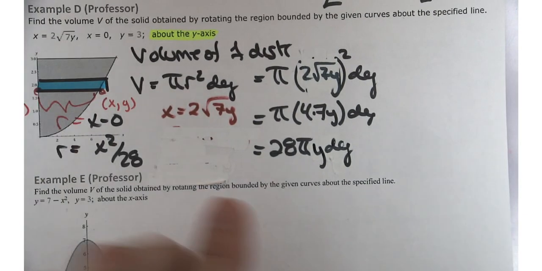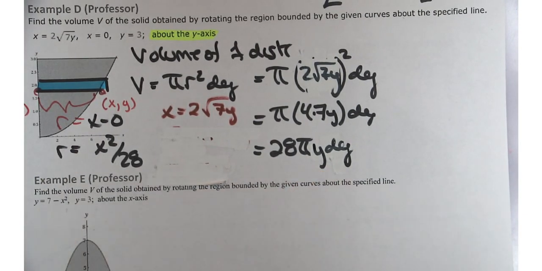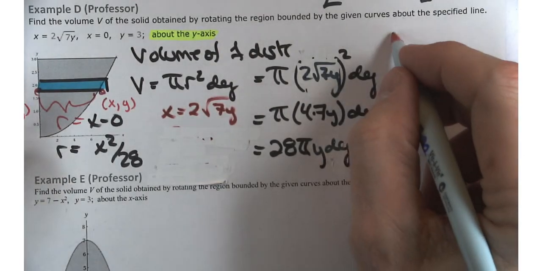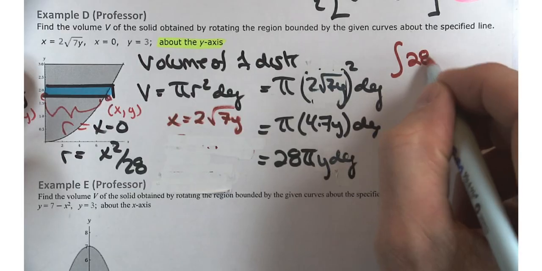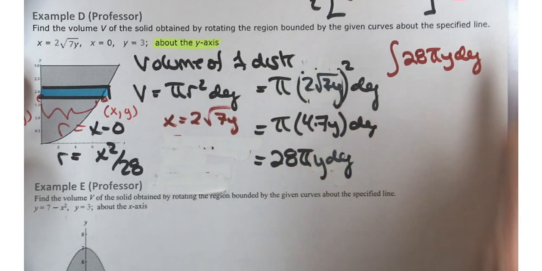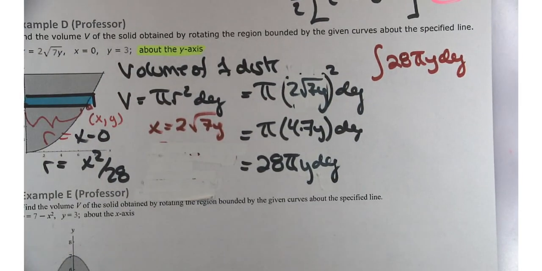Nice. All right, so we've got the volume of one disk, but we want to add up the volume of all such disks. So what's that going to look like? How are we going to do that? Yeah, we're going to integrate 28 pi y dy. What should be the limits of my integration?